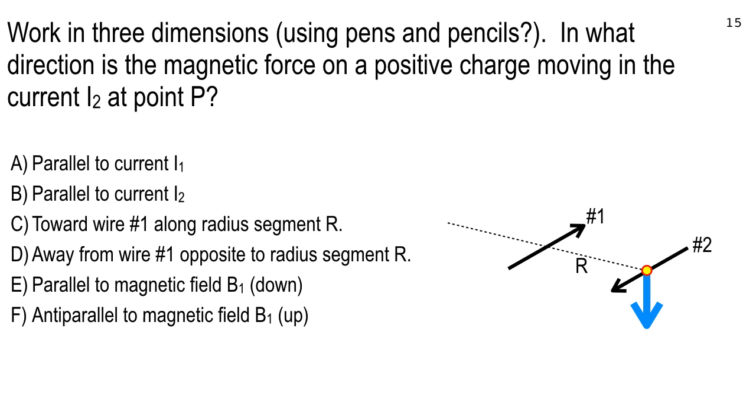Current this way. So my fingers, magnetic field is down. Right thumb, right there. Away, and that was the biggest vote, D. More people voted for this.